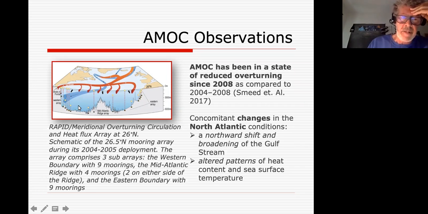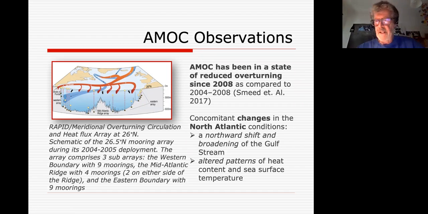So we have three arrays, one on the western side, the other one on the central part in correspondence of the Mid-Atlantic Ridge, and the other one, the eastern array along the African coast. This array has been supported by the UK, and I think there are other partners now, but basically it is a UK initiative launched in 2004 and is still operational.